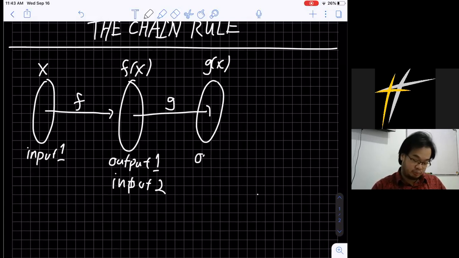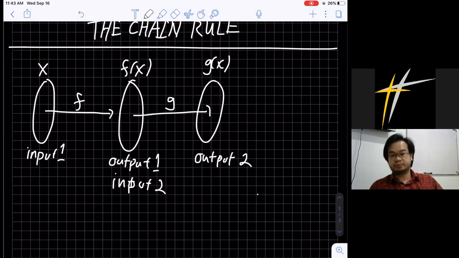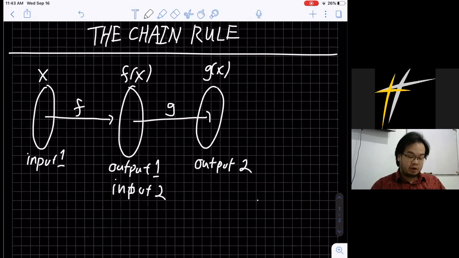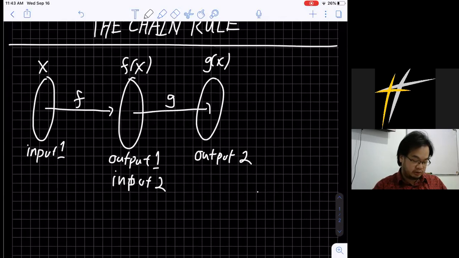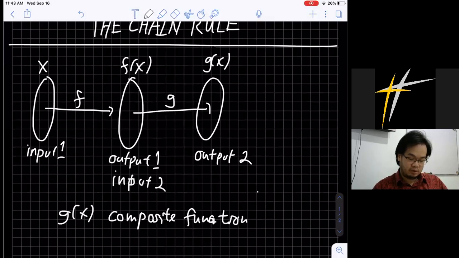So we have output 2 as g of x. If this happens, then we can say that g(x) is a composite function of x.